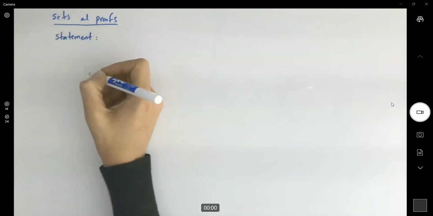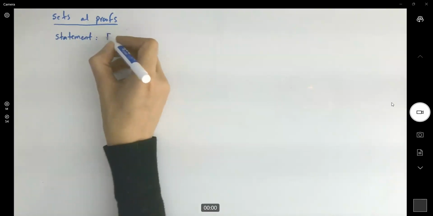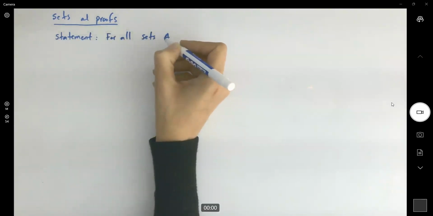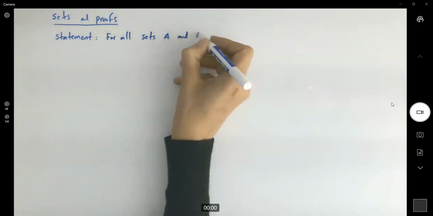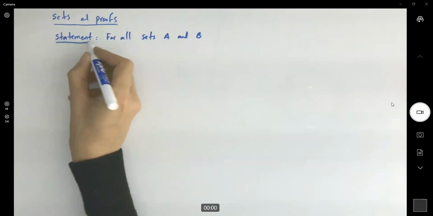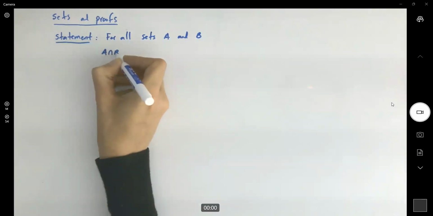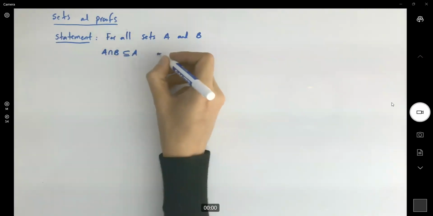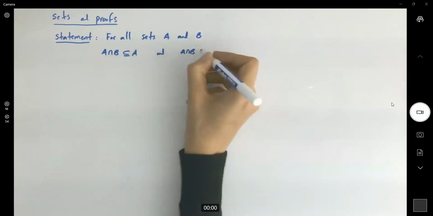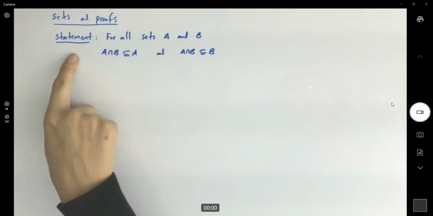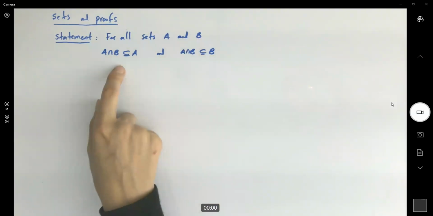The statement says, for all sets A and B, the intersection between A and B is always a subset of A, and the intersection between A and B is a subset of B as well. So I have a statement here. How do I accept this statement?